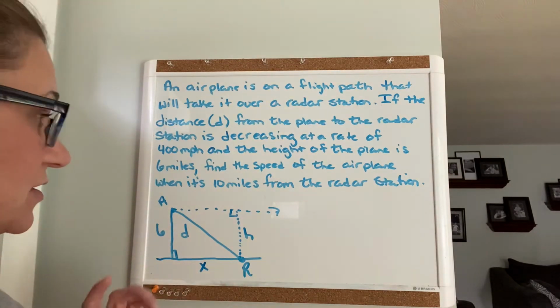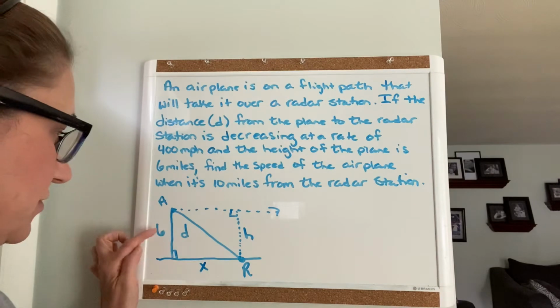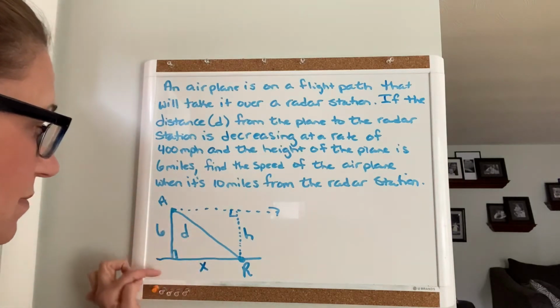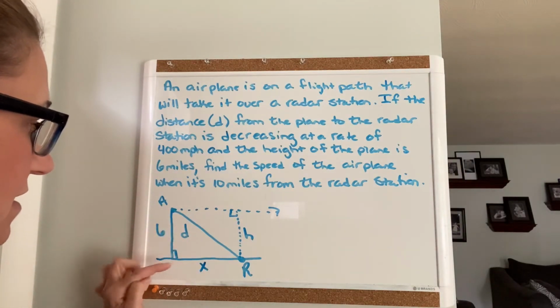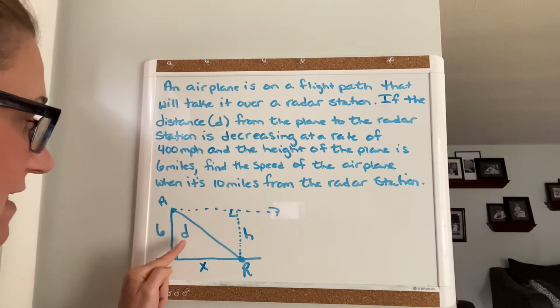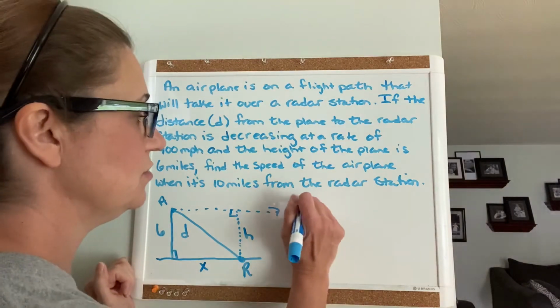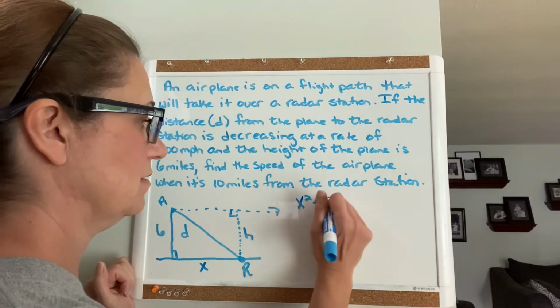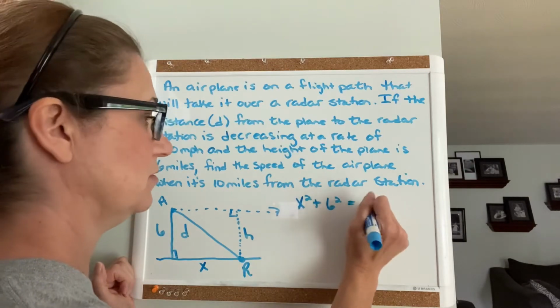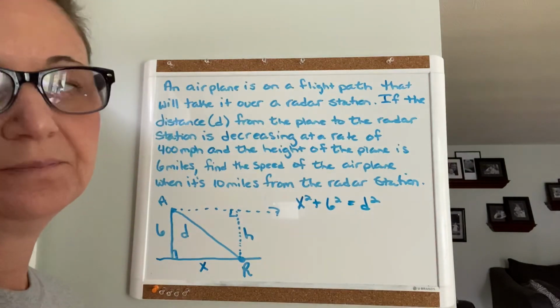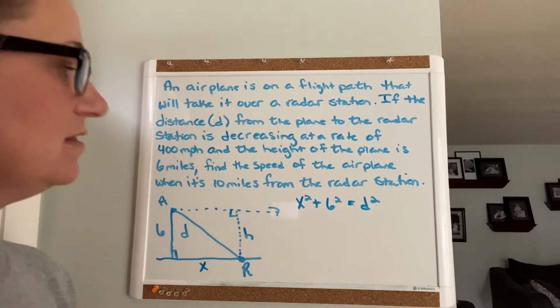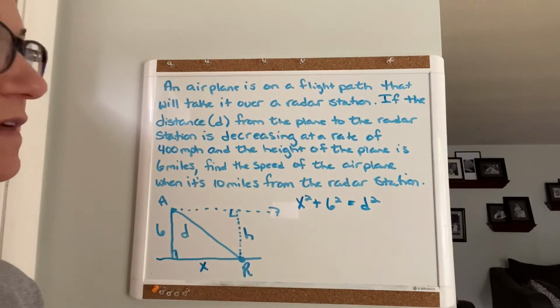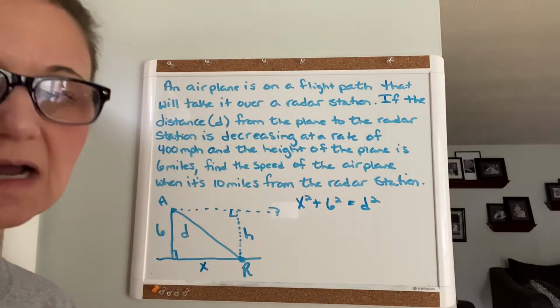So here's what you need to do. You need to set up the Pythagorean theorem using X, 6, and D. So you know that X squared plus 6 squared is equal to D squared. Before you do anything, you're going to take the first derivative with respect to time.